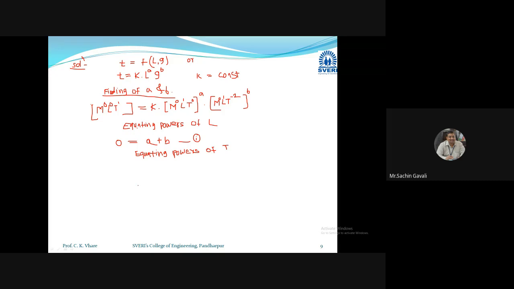Who will tell the equation? Anybody? T means here LHS, the power of T is equal to 1. Am I right? 1 is equal to K here, T raised to 0 into A. A into 0 means it will become 0 plus here it will become minus 2B.